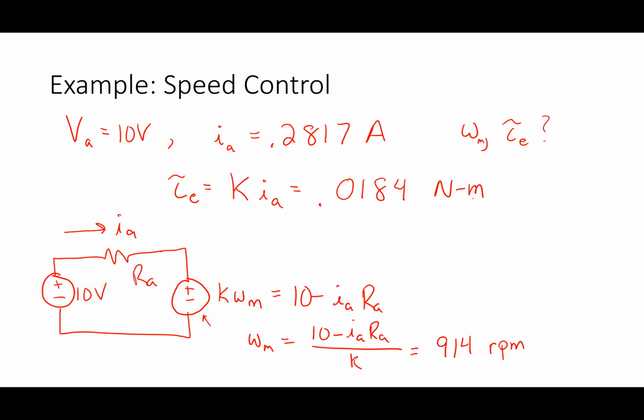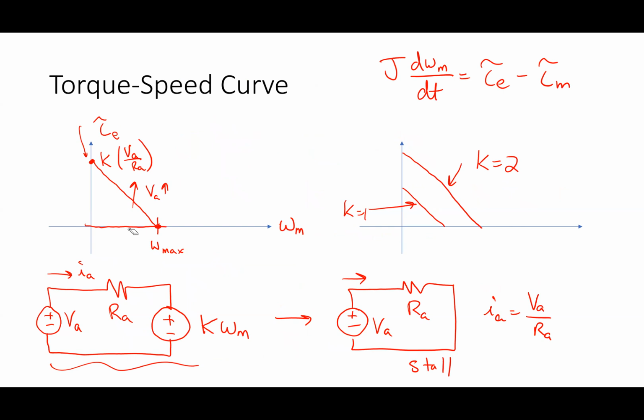And we see that if I think about that torque speed curve, let's say I was operating with a constant load torque, torque load 1, in the example I just gave, 0.0184 Newton meters.